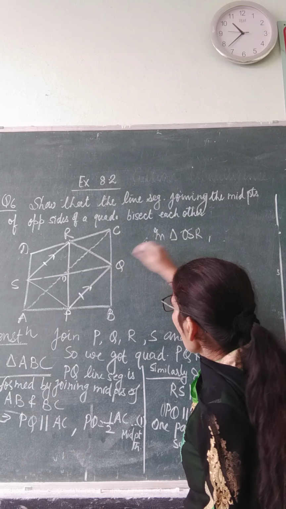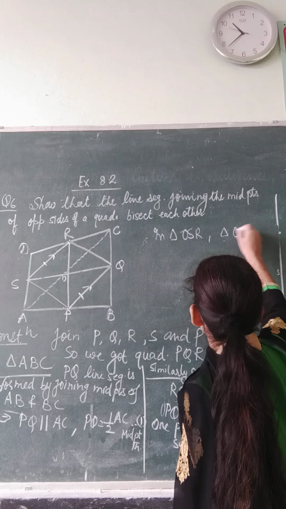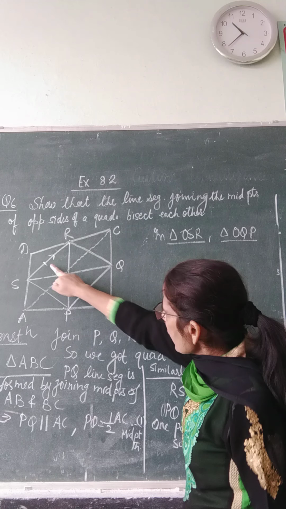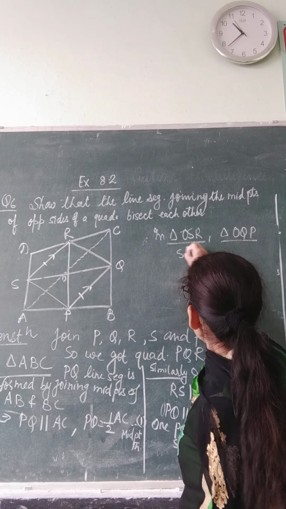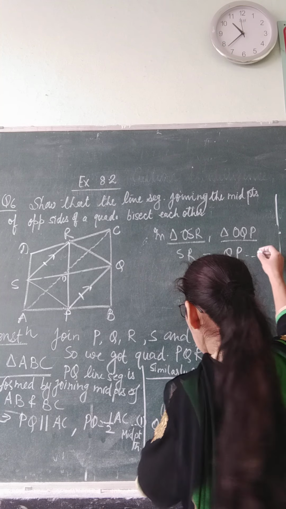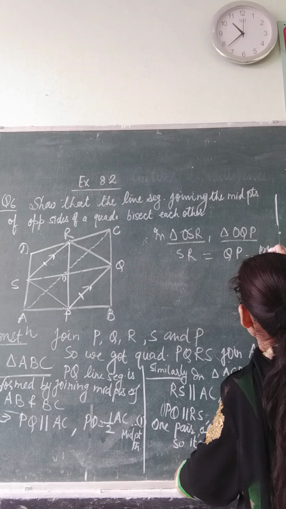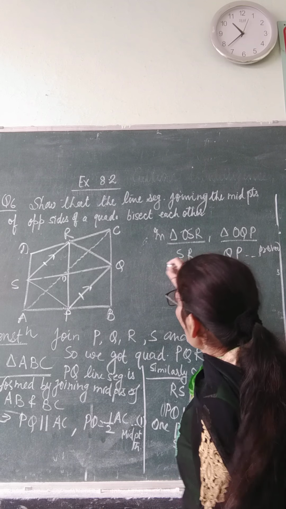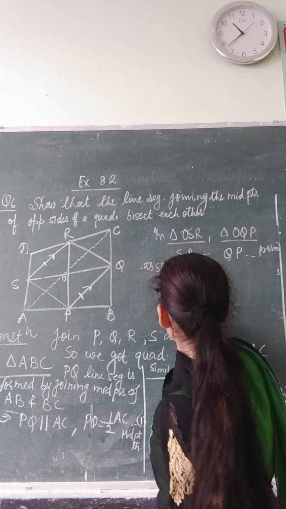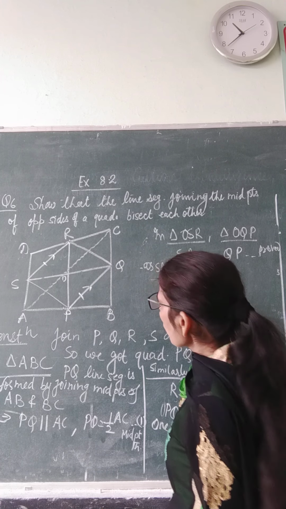In triangle OSR and triangle OQP, what is there? This SR is equal to QP, proved here. SR is parallel to QP. This is also proved.